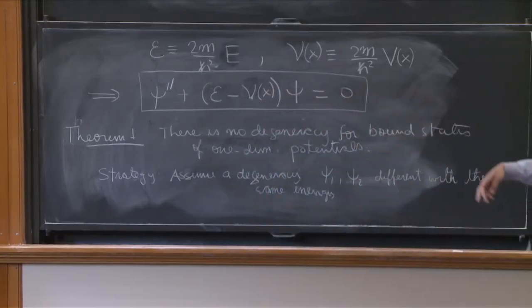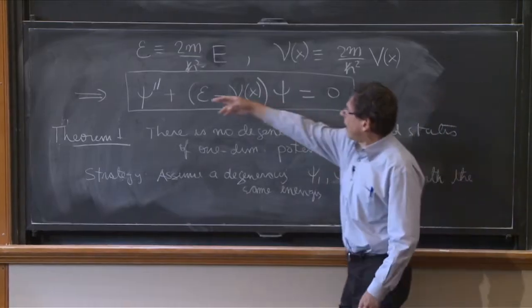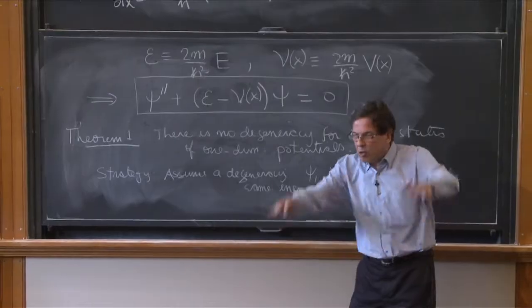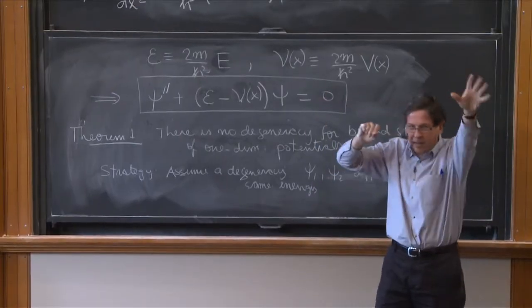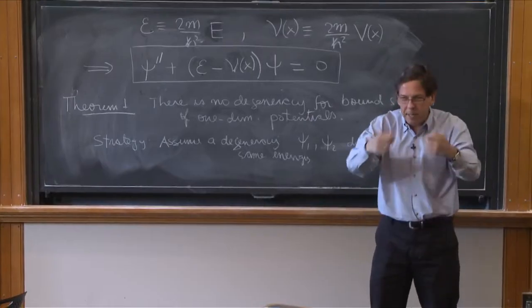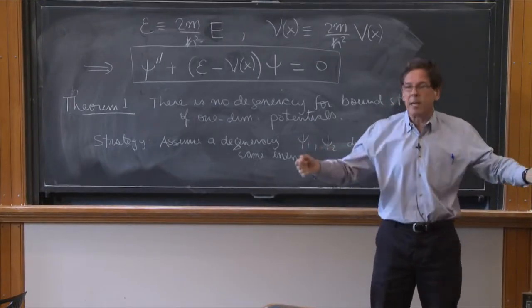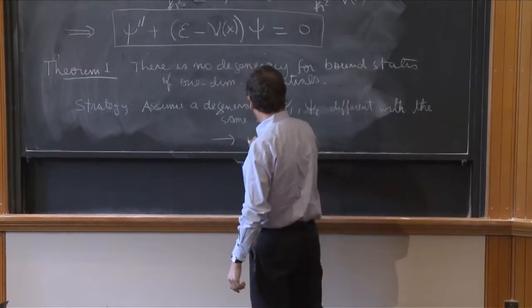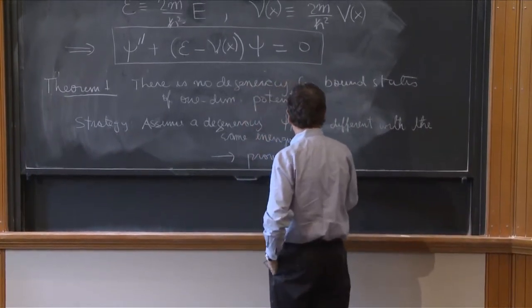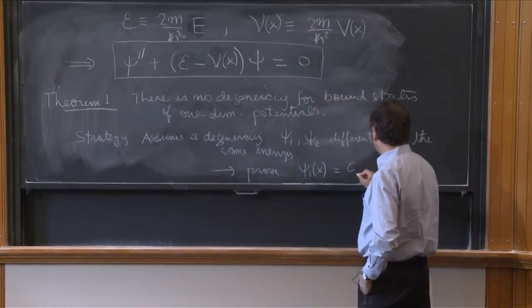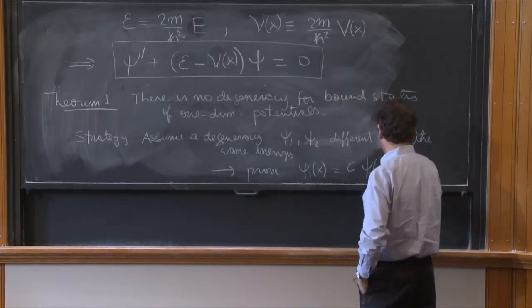Then you write this equation for psi 1 and psi 2, and they have the same energy. Then you take the two equations, multiply the first by something, the second by another thing, subtract, do a bit of algebra, and you suddenly can prove that one solution is equal to a constant times the other solution.